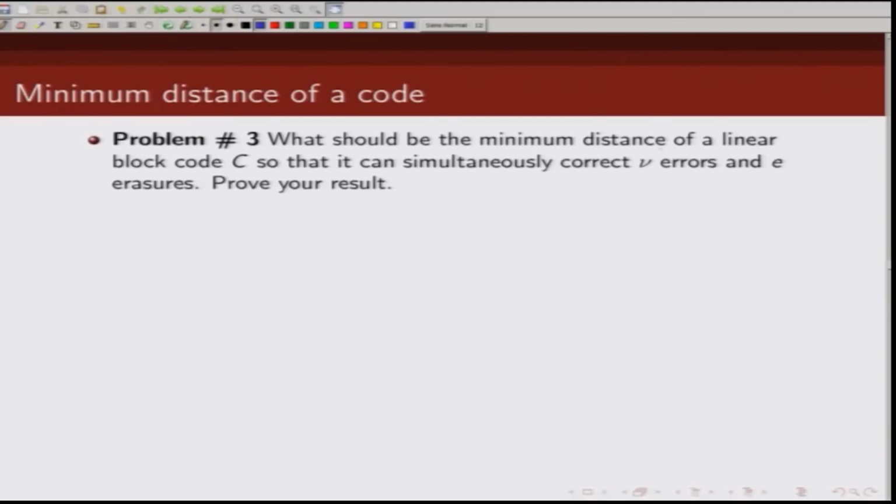So, the next problem that we will look at is: what is the minimum distance of a linear block code C that can simultaneously correct mu errors and E erasures? Now, just recall what we mean by error correction and erasure correction. Erasure is basically when some of the bits get erased.